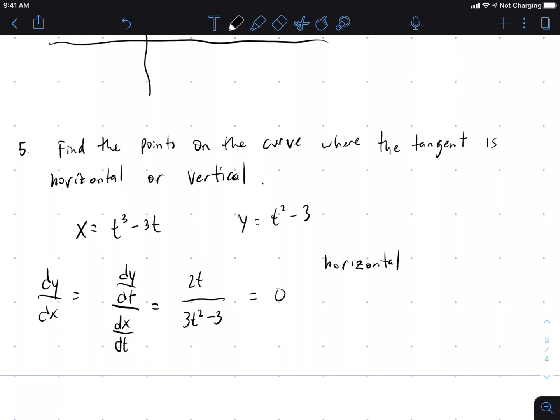And so what's gonna make that thing 0? What makes a fractional thing 0? It's the numerator. So setting the numerator equal to 0 tells us this thing's going to have a 0 at what t value?